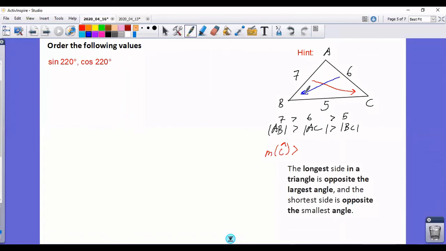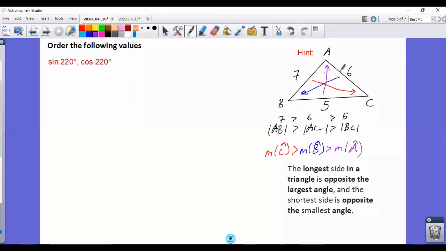What's the angle opposite to 6? It is B. So the measure of angle B is smaller than the measure of angle C, but it is larger than the measure of angle what? The angle opposite to 5, which is A. So this angle is going to be the smallest angle.